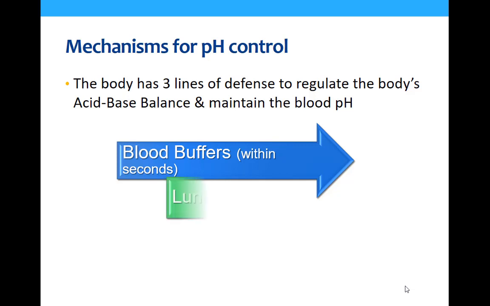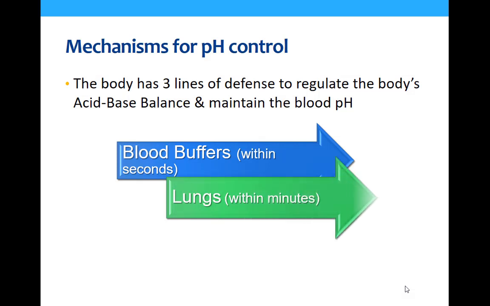Second line of defense is the lungs. If, for example, blood buffers are unable to bring the pH back to normal, the lungs, the respiratory system, will kick in. It will start within minutes, but it may take from minutes to hours for the lungs to bring the pH back to normal.